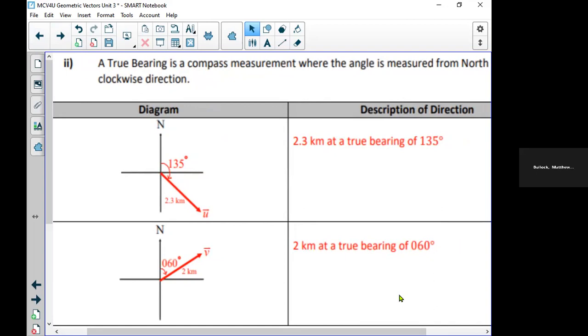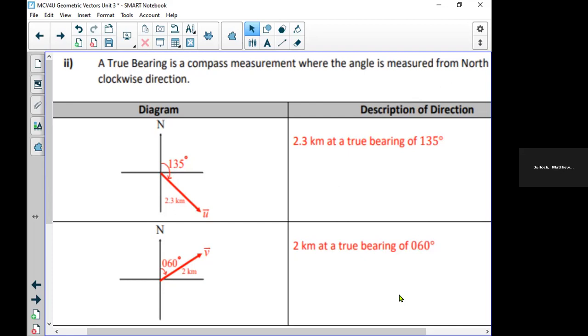So my vector U has a magnitude of 2.3 kilometers at a true bearing of 135 degrees. If I mix that up, I would accidentally be looking for a counterclockwise angle, and that would not satisfy the definition of a true bearing.